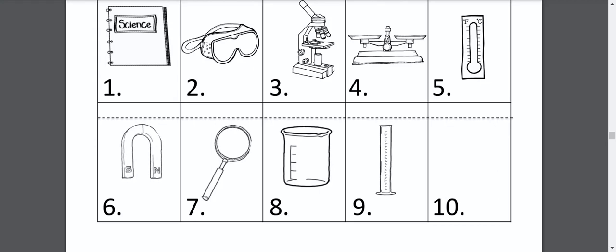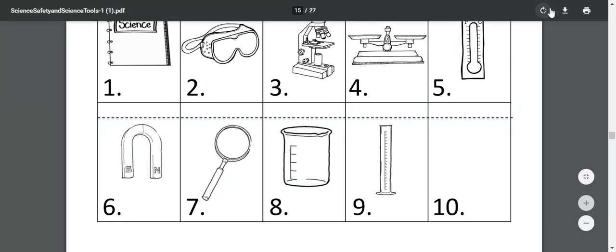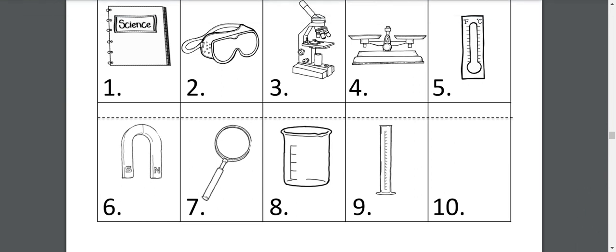The first word begins with the letter G. Second word begins with the letter C. It is a graduated cylinder. Just like number 8, the beaker, it measures the volume of a liquid, and it is measured in milliliters. We have some of those that we could play with and kind of practice.